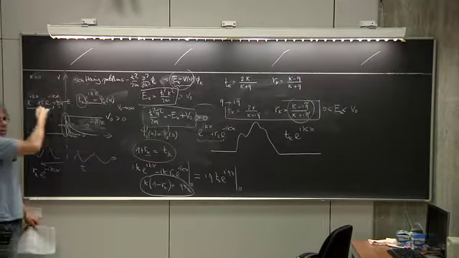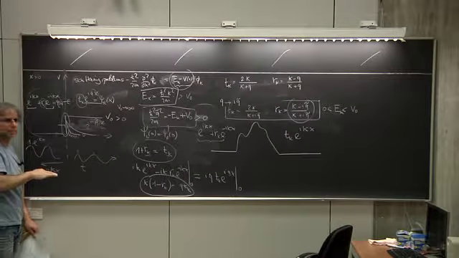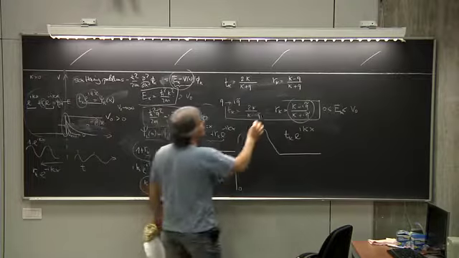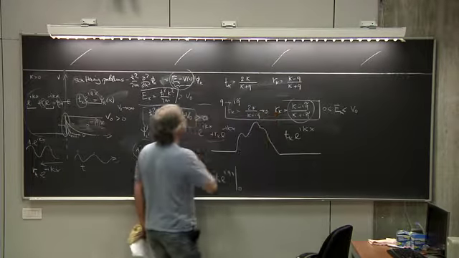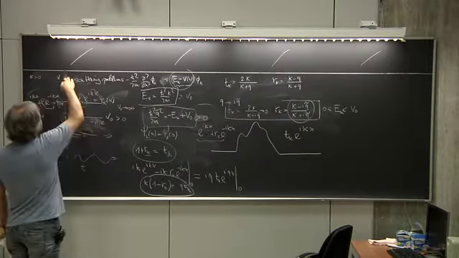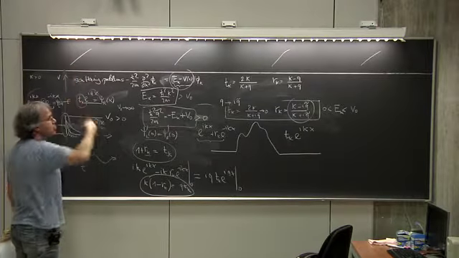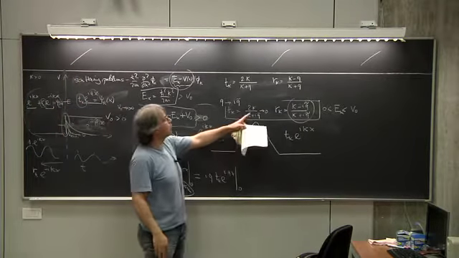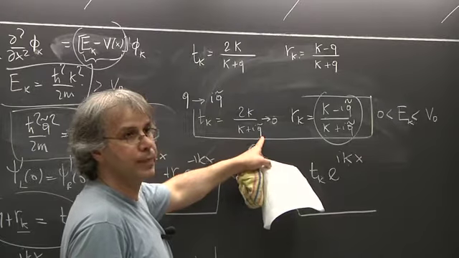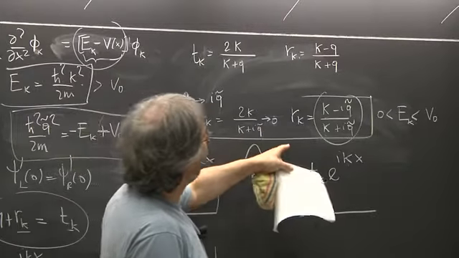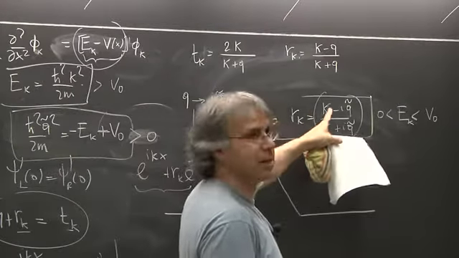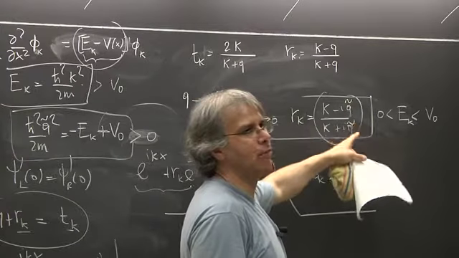The higher the step, the faster you decay, okay? But you also see that this goes to 0. So transmission, if V0 becomes very, very large, goes to 0, like 1 over Q tilde. The reflection, however, is still of modulus 1.